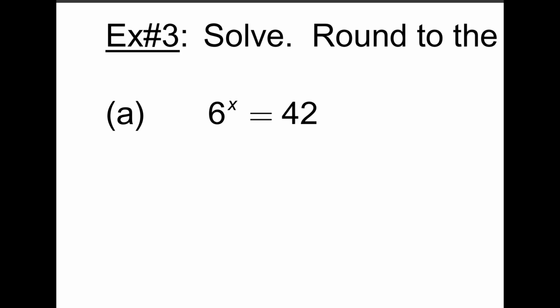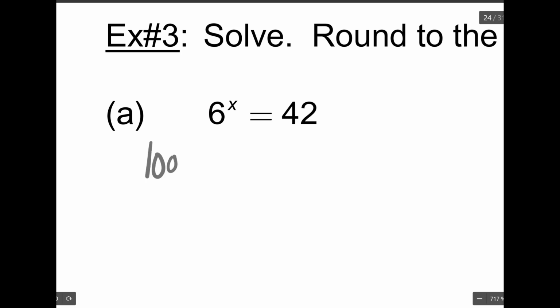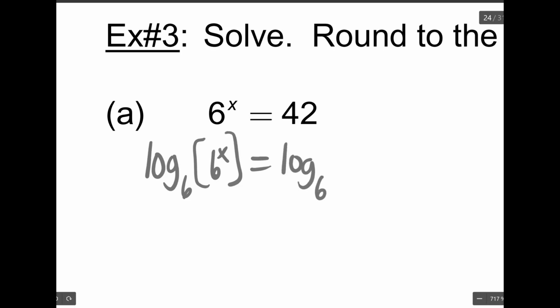All right, so we talked about how to solve exponential equations. Now we're going to solve logarithmic. Right now, there's no way for you to solve this problem, so I'm proposing a new way of doing it. If I take log base 6 of both sides, what happens on the left side?